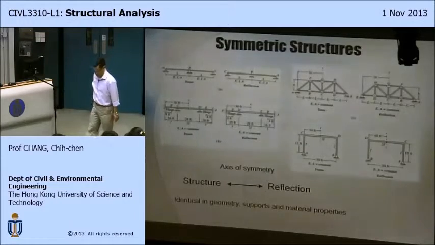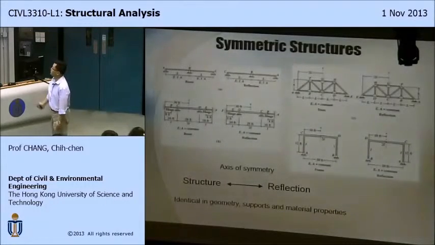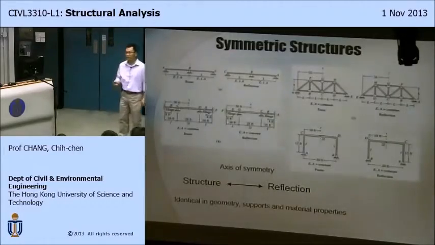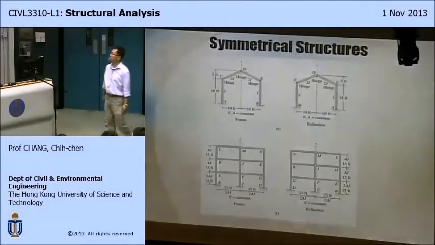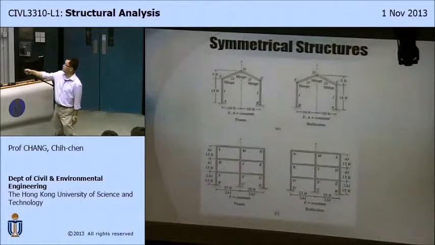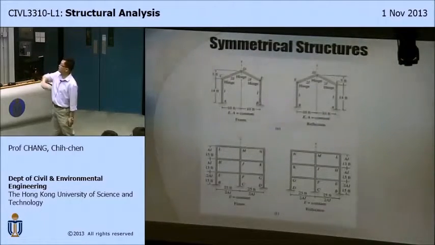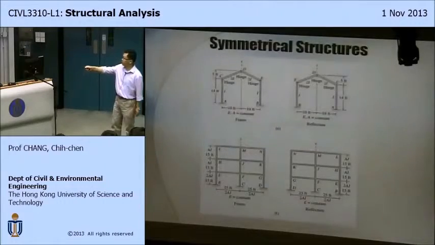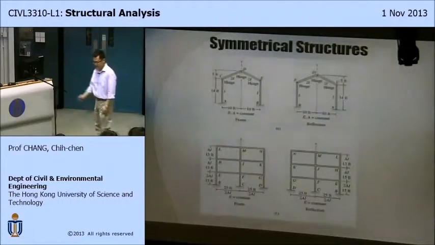The axis of symmetry is right in the middle. So no problem. It's very easy to identify whether you have a symmetrical structure or not. Now here, a frame structure, very easily identified. It's a symmetrical structure. A frame structure like this, again, symmetrical.